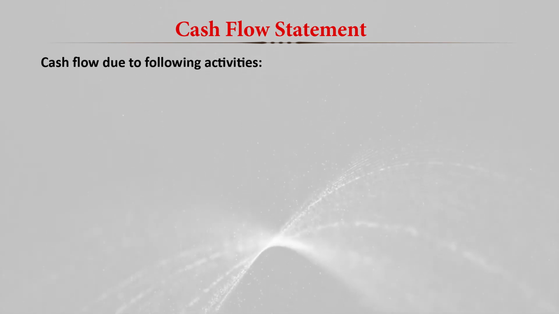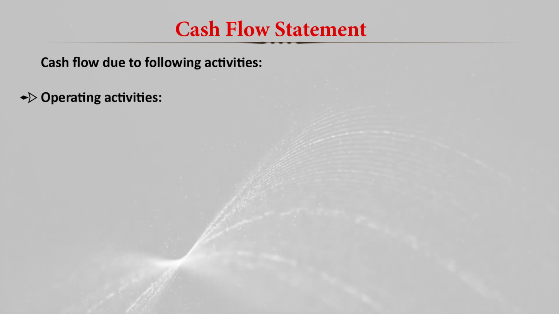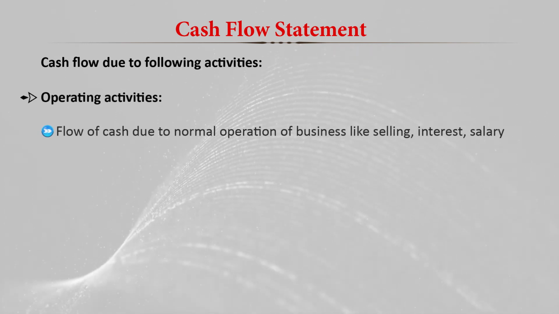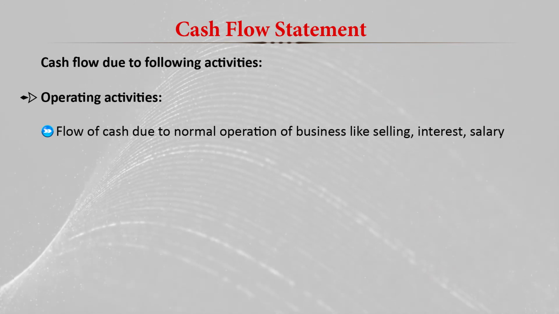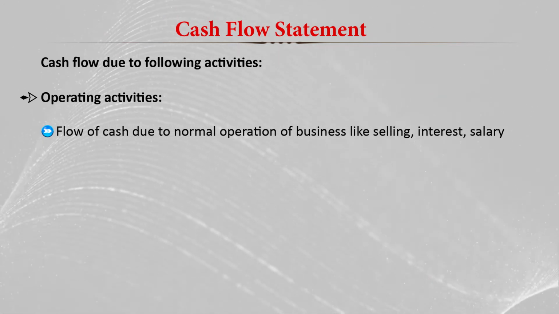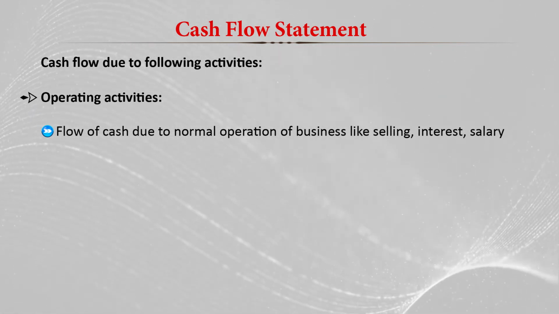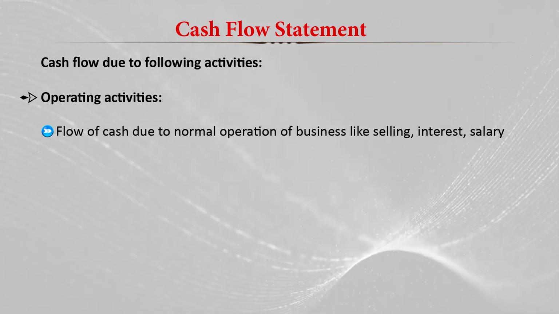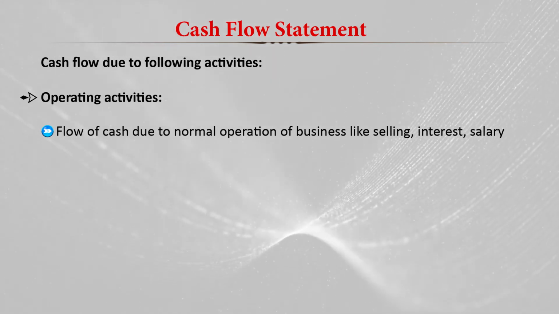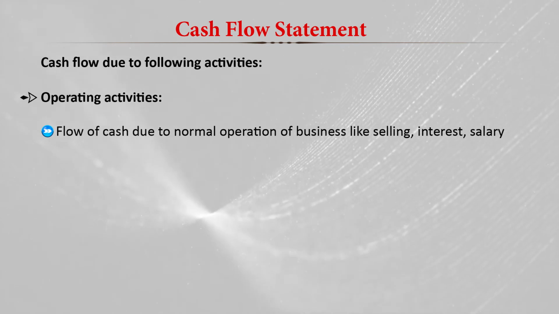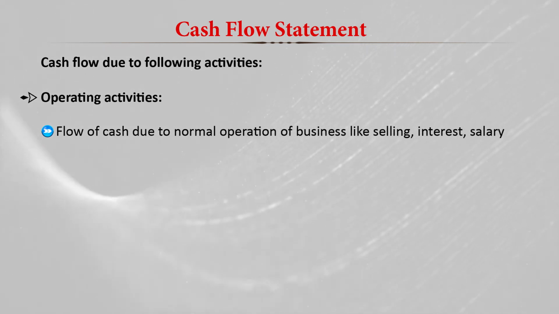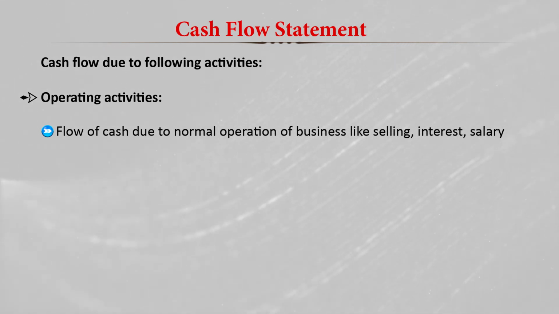Actually, the cash flows are generated in a firm from three activities. One is the operating activities, like the flow of cash due to the normal operation of business, such as selling of the produce, interest earned on fixed deposits, payment of interest on the loan amount, or payment of salary and wages to the workers or employees working in the firm.